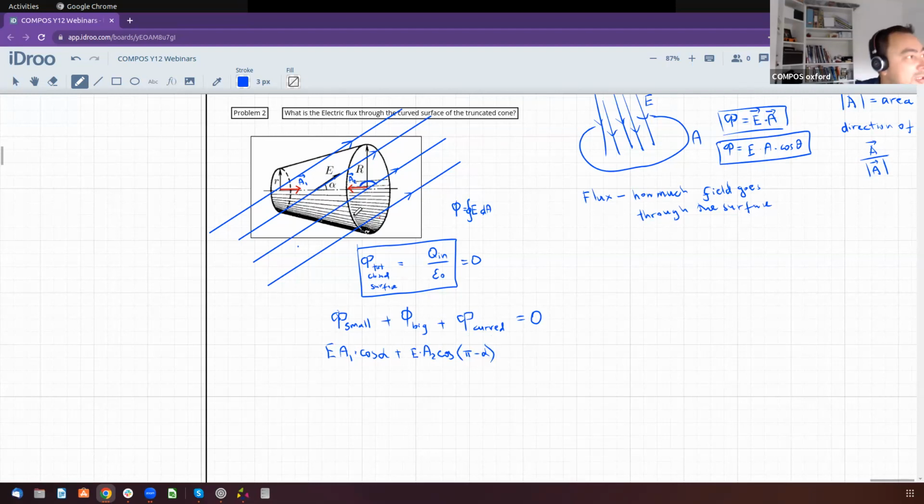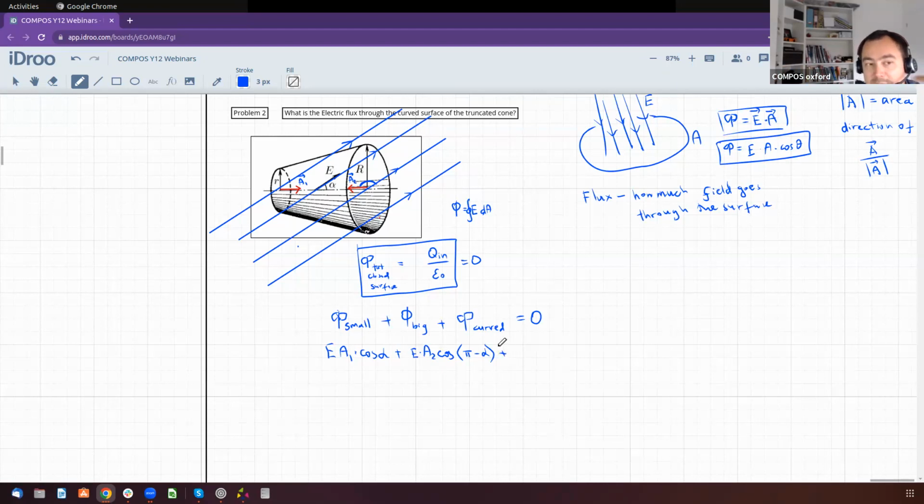You can understand it on an intuitive level, actually. Through one of the circles it comes in, and through the other it comes out. So one is going to be positive, one is going to be negative, so it can't be cos alpha.